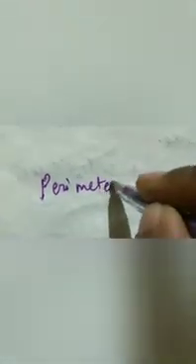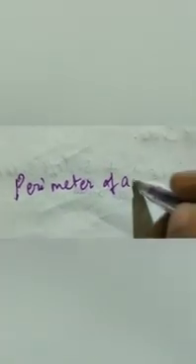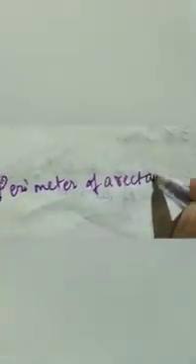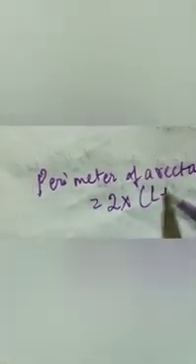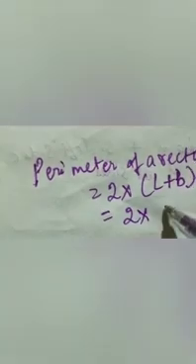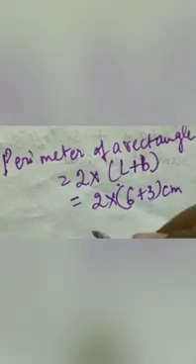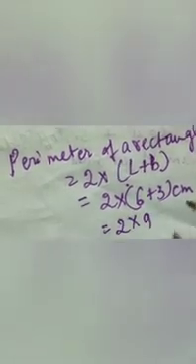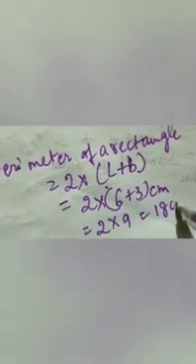So the perimeter of a rectangle is equal to 2 multiplied by the sum of length and breadth. So 2 multiplied by 6 plus 3, and the unit is centimeter. So that will be 2 multiplied by 9 equals 18 centimeter. Answer. This way you will solve question number 2. Now let's solve one more question. Question number E.